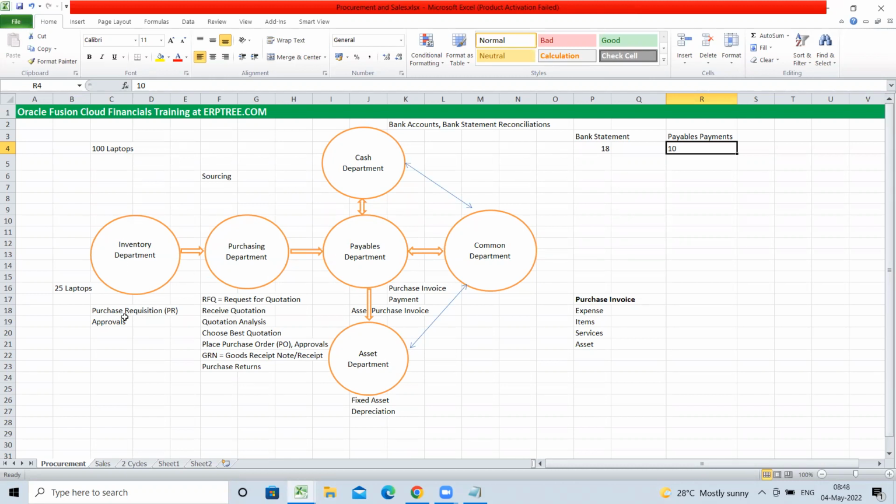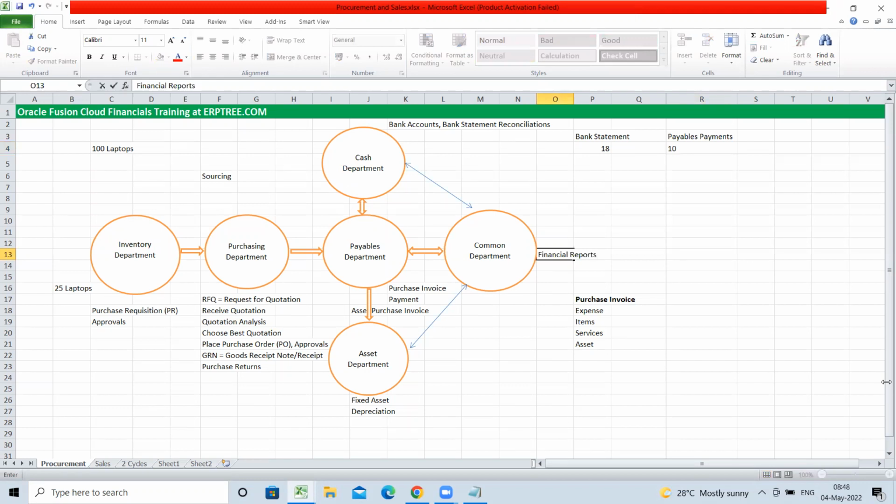But if you want to prepare reports across all these departments, you can have a separate department that can collect the data from all these departments, so that they can prepare the reports, which you can simply call financial reports.